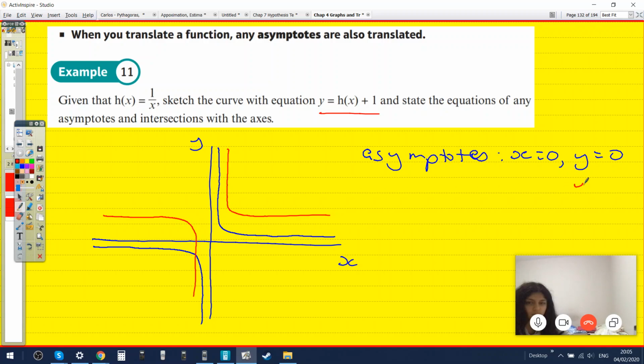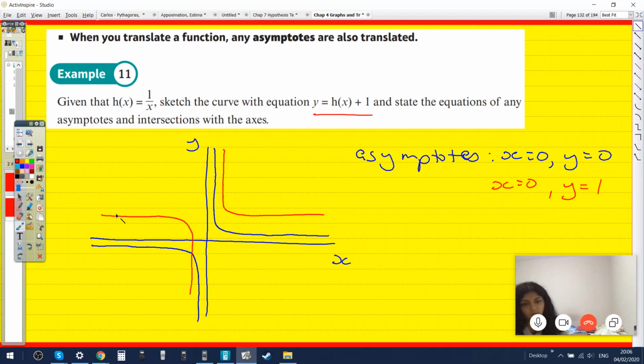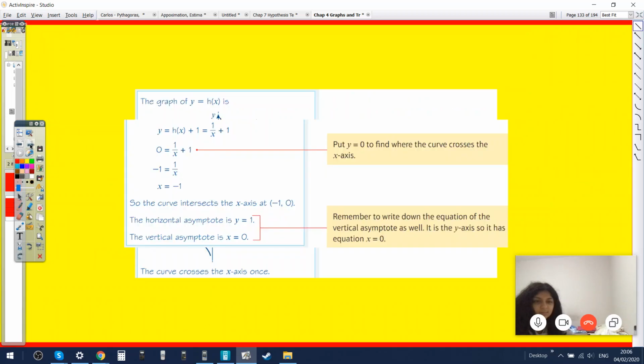And so it would be y equals 1. X equals 0. Yeah, people always mix those ones up. Yep, okay. That's all right.